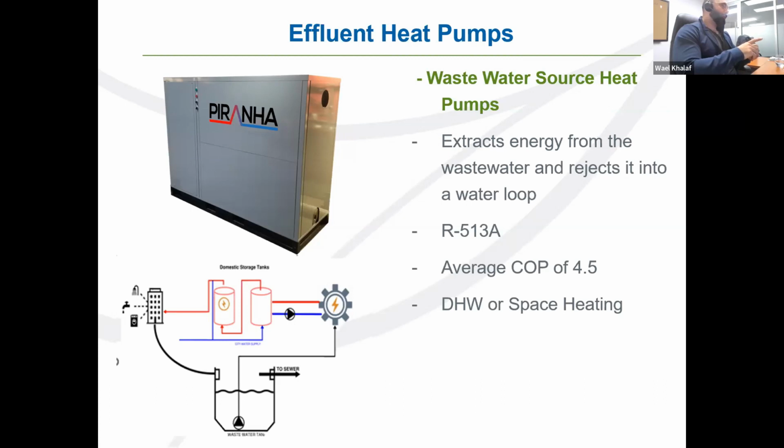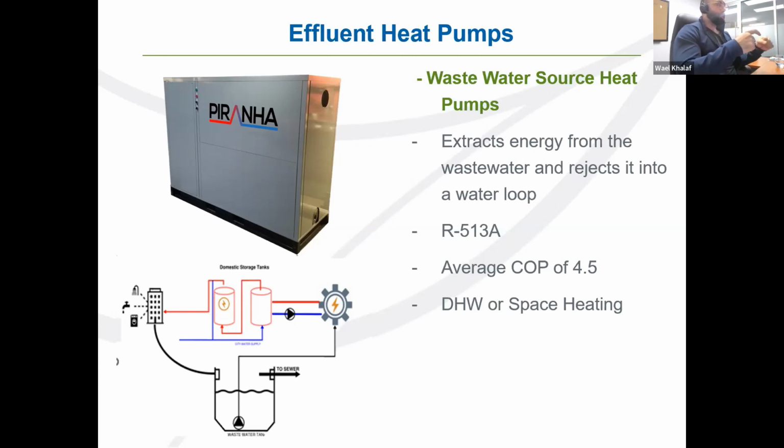We did a study for a pumping station in London, Ontario. The pumping station was receiving around 3,000 GPM of effluent flow from different municipalities, and they wanted to heat it completely using geothermal heat pumps.